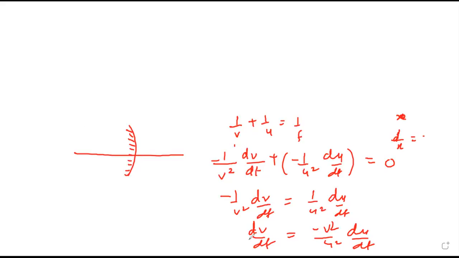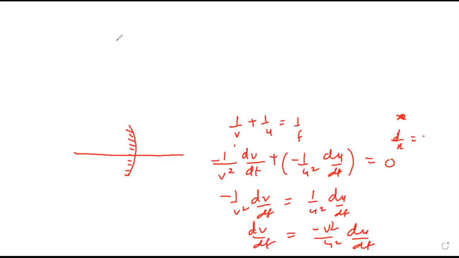So we have to find what will be the speed of the image if the speed of the object was 15, because that second person is seeing the object in the first car's mirror. His speed is 15, so the object's speed is 15. So that image speed I have to calculate. And focal length is given. We can also find by using 1 upon f equal to 1 upon v plus 1 upon u.